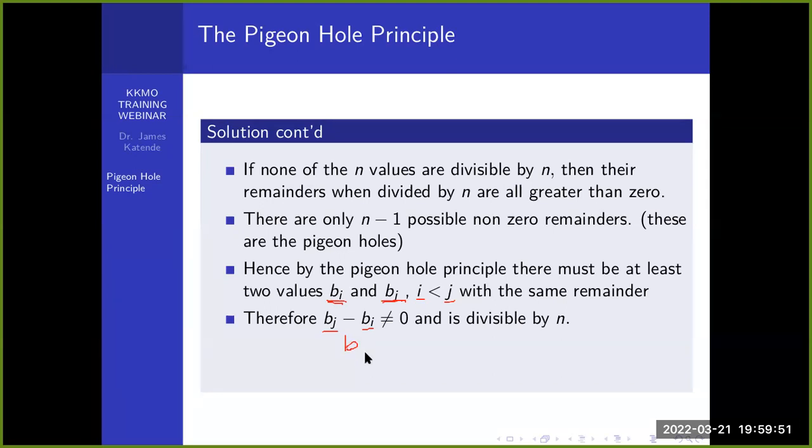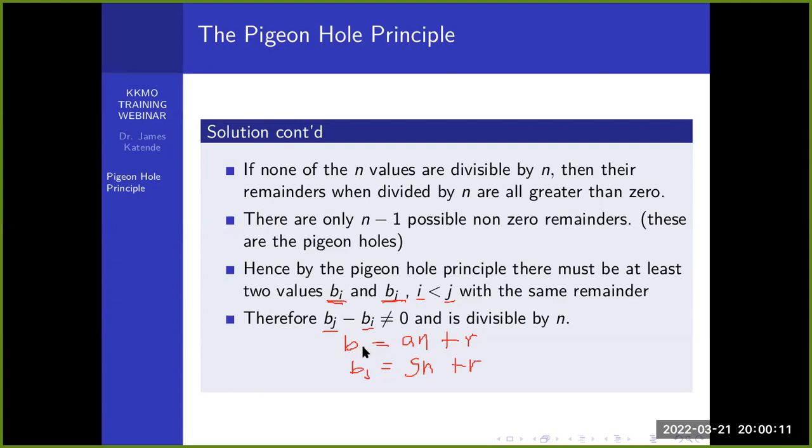Because we made the following assumption. B_i will be some multiple of n, say A n, plus R. They must have the same remainder, so I'll just write the remainder as R. And B_j again will be some multiple, let's call it S n, plus the same remainder.